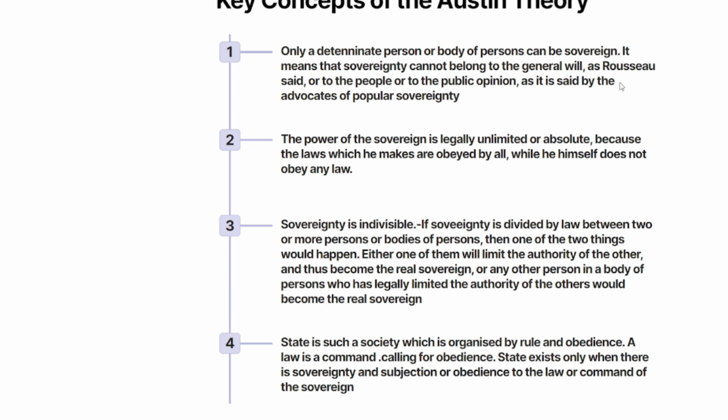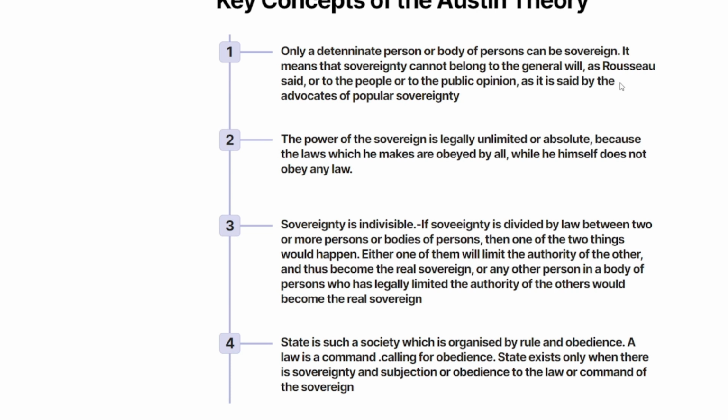Fourth key concept of Austin's theory. State is such a society which is organized by rule and obedience. A law is a command calling for obedience, and a state exists only when there is sovereignty and subjection of obedience to the law or command of the sovereign.